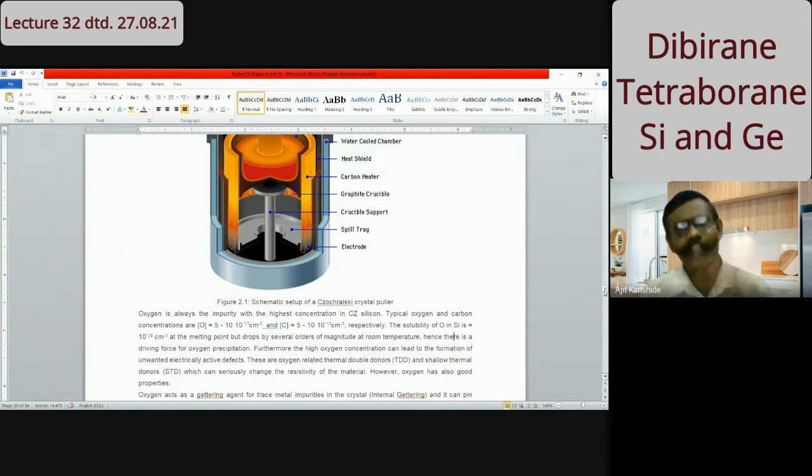Sixth point, germanium. Occurrence is given there. You can prepare the notes of that. And seventh point, purification. For purification, zone refining as one method. Floating zone refining, second method. And Czochralski method, that's a crystal puller, one crystal growth method. All these methods of purification you have to study.